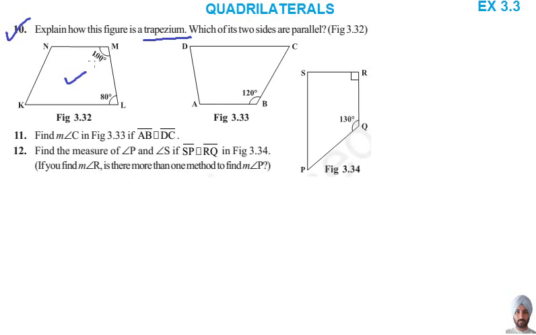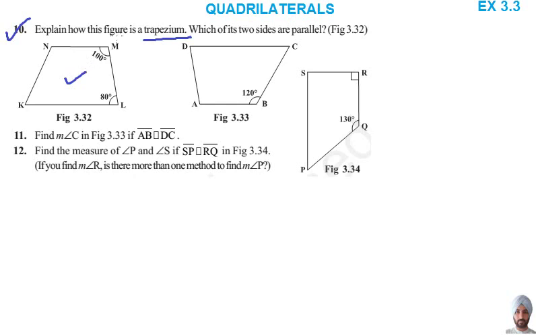But how can you prove that two given sides are parallel? Well, a very simple thing that we did last year was to prove two corresponding angles equal, or two alternate angles equal, or that the co-interior angles are supplementary.